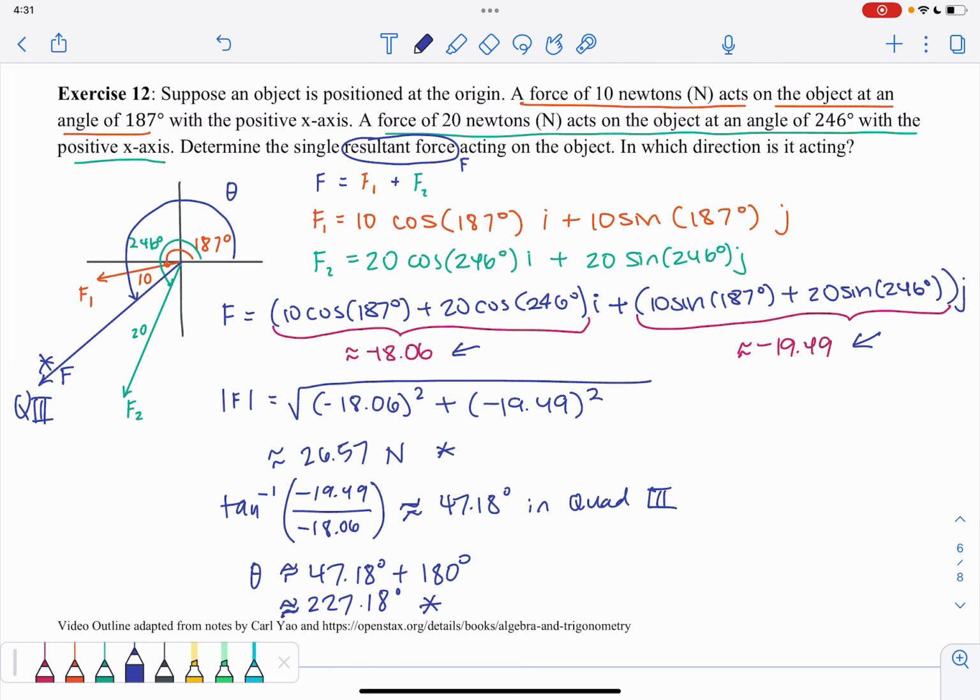Step 2 is to think about F1 and F2 and get them into their component forms, and using those trig values is really going to help, because we use the magnitude and the angle there. Then we can write vector F as the sum of F1 and F2. Once we do that, we find the magnitude to find the force of F, and then we find the angle to find the direction.